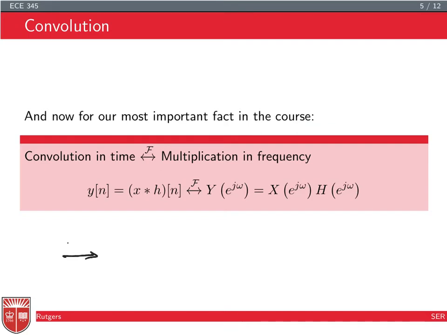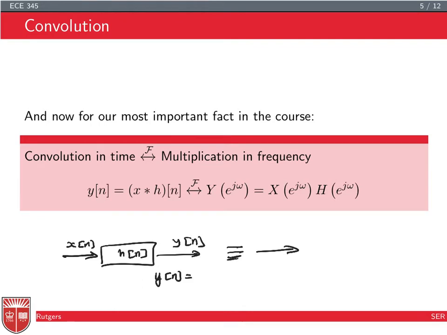If x[n] is the input of an LTI system with impulse response h[n], then in the time domain the output y[n] is obtained by convolving the input and the impulse response.